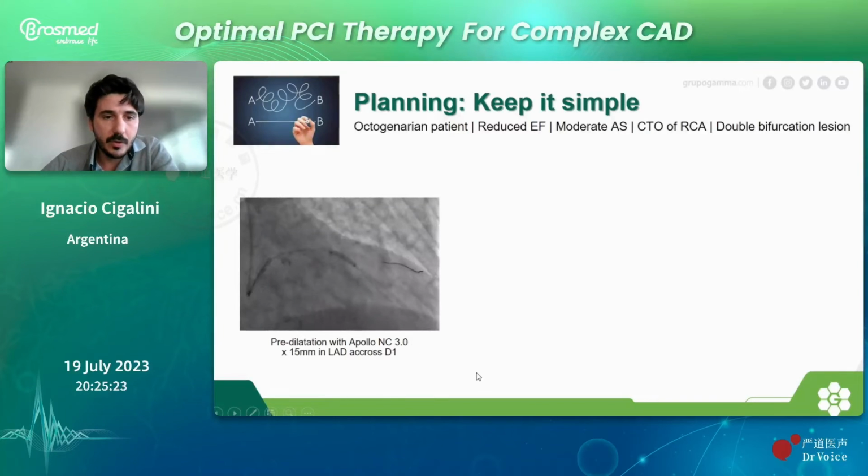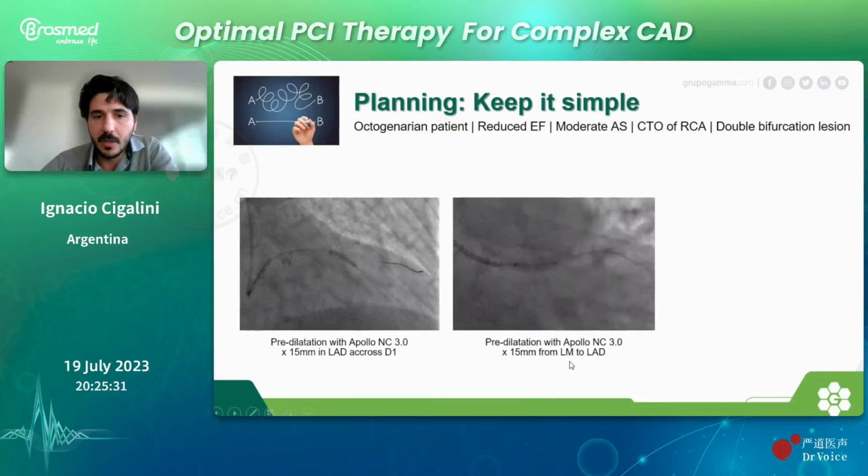First, we crossed 2 wires to the LAD and to the first diagonal branch and performed predilatation with Apollo NC balloons at high pressure with good expansion, both in the bifurcation of the LAD and the first diagonal branch and in the ostial LAD from the left main.